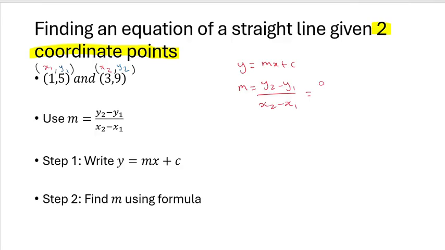So since I know y2 is 9, I'm just going to substitute it. Minus 5 over 3 minus 1. So if I simplify it, I get 3 over 2. And 4 over 2 is the same thing as 2. So that means m equals 2.